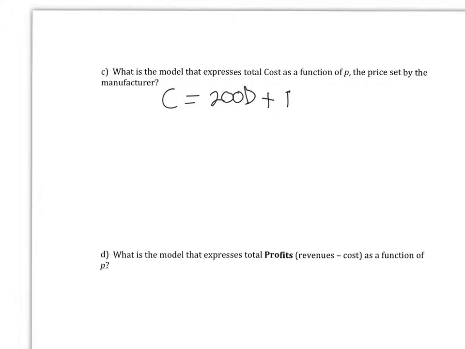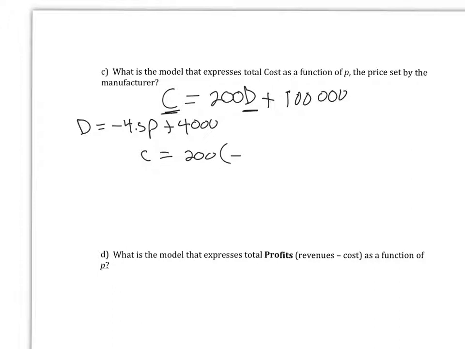What we want to do is express this C now as a function not of D but of P. And since we know that D is equal to negative 4.5p plus 4,000, we can replace D with that, and that gives us C is equal to 200 times negative 4.5p plus 4,000, plus 100,000.